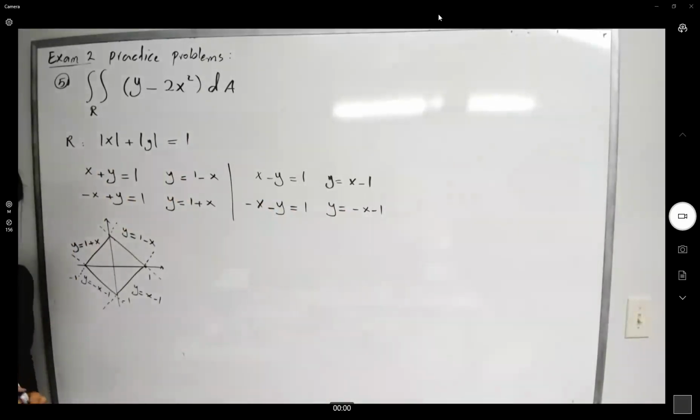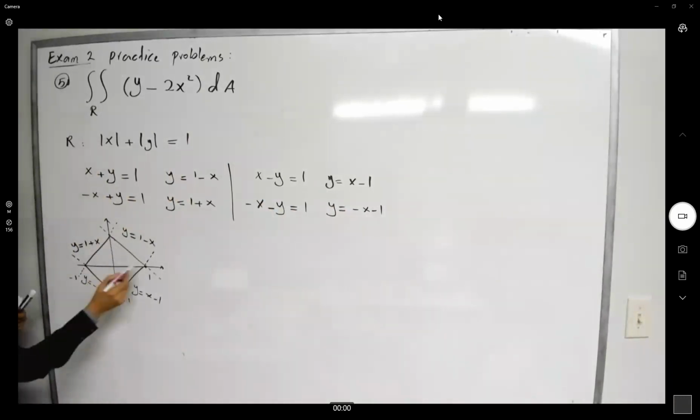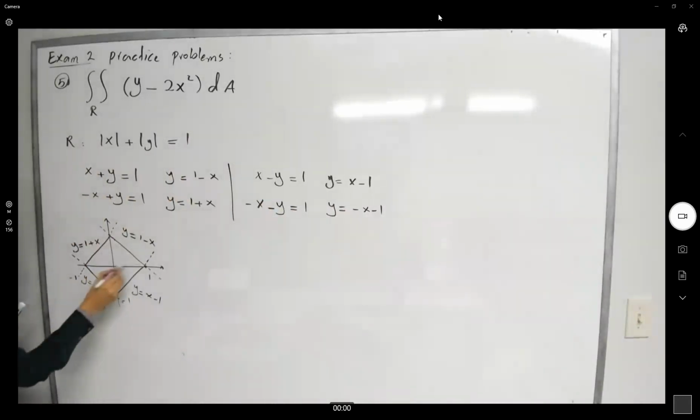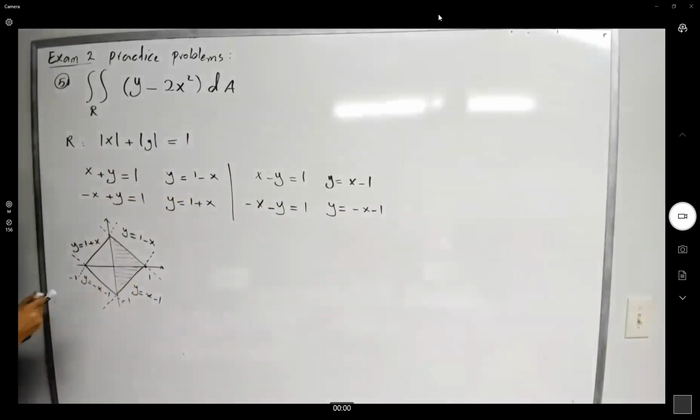What we're going to do, we're going to take this region and divide it into 2 sections, 2 portions. One portion here and the other portion here. Why is that? Because of the ceiling that I have. So this is my next portion.